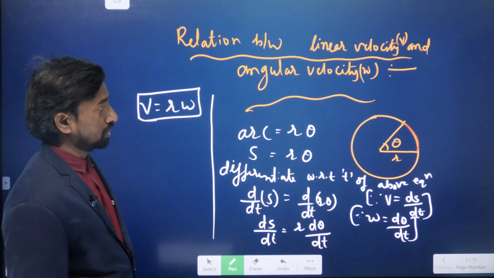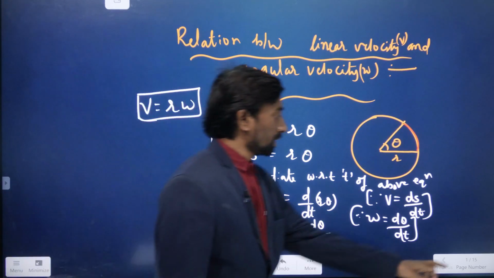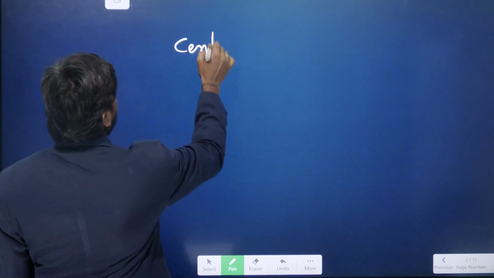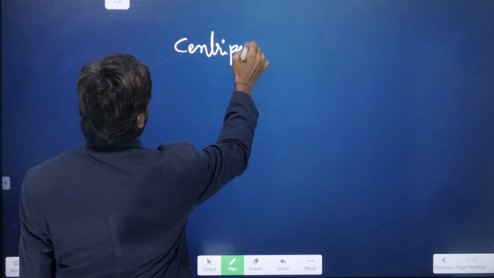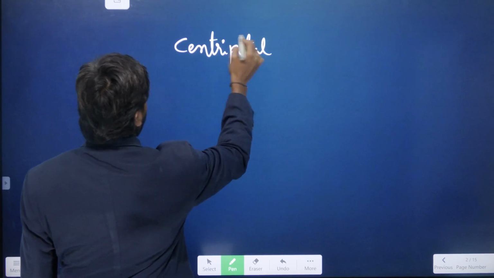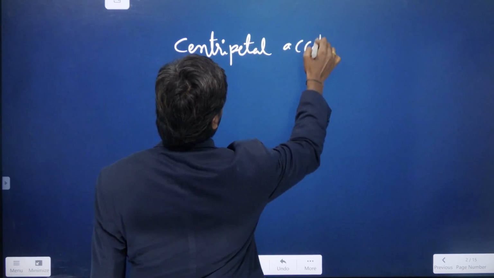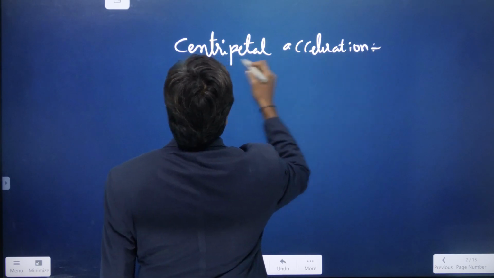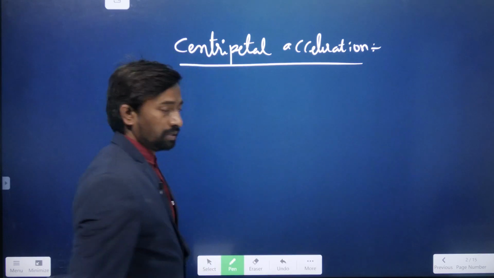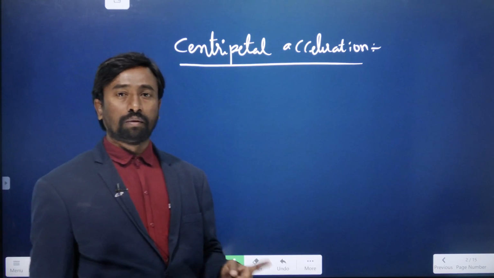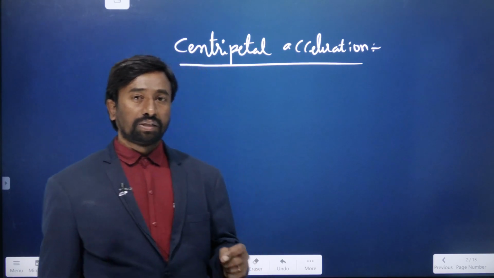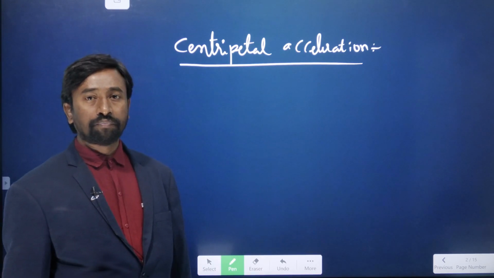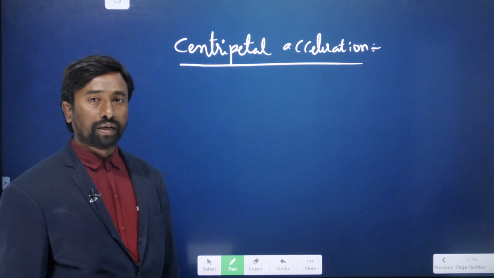And next one we are going to see here is centripetal acceleration. Okay, so centripetal acceleration. The acceleration with which an object is moving in a rotatory motion or in a circular motion, the acceleration acting on the particle along the radius toward the center is called the centripetal acceleration or the radial acceleration.